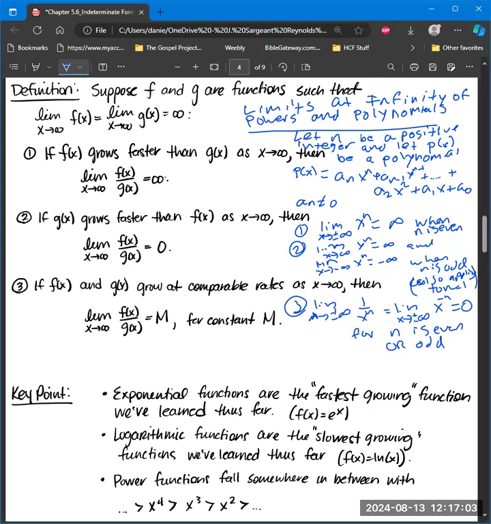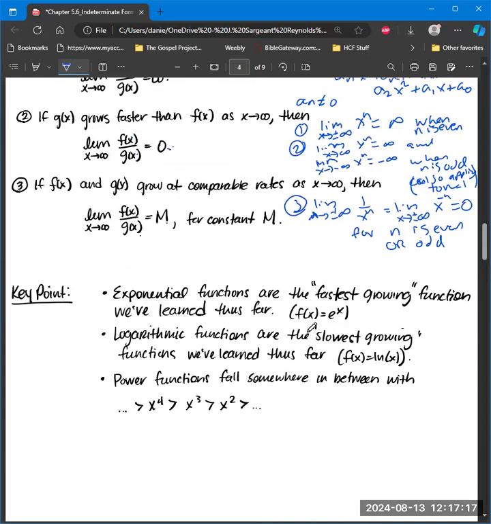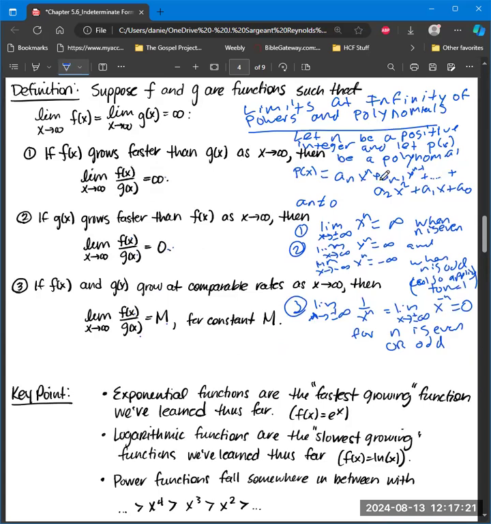If the degree of the bottom is greater than the degree of the top, or the bottom grows faster, then it's going to go to 0. And if they grow at the same rate, they're going to approach some constant m.